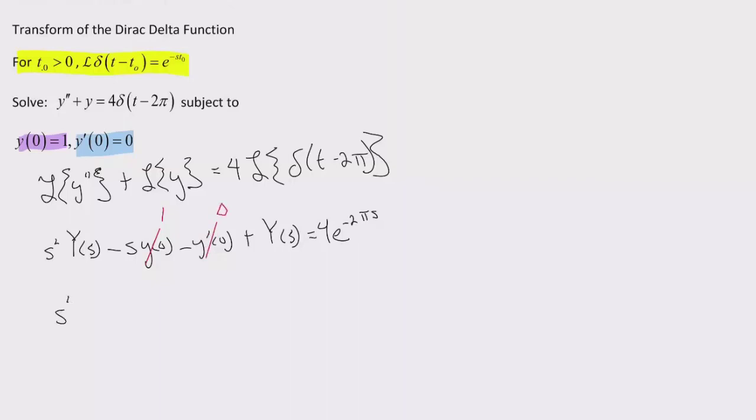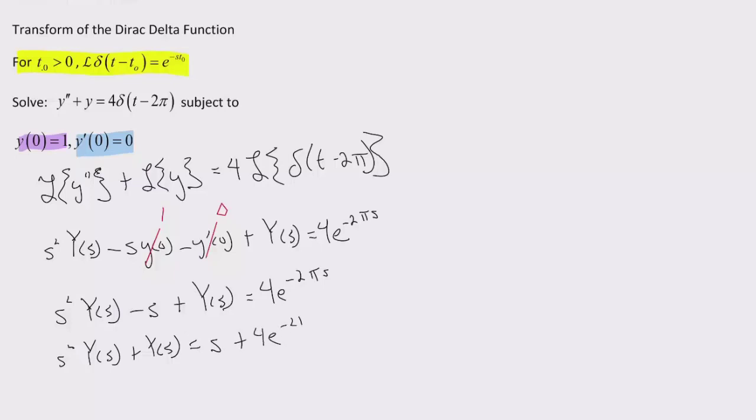So that's s squared y of s minus s plus y of s equals 4e to the negative 2 pi s, which is going to give us s squared y of s plus y of s equals s plus 4e to the negative 2 pi s.